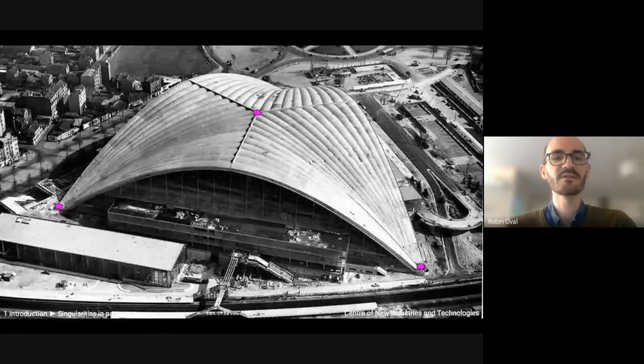And especially their singularities. So I take this example of a knit, which is a concrete shell stiffened by this corrugation pattern. It's actually the record for the largest span for concrete structures, and that's mainly due to the singularities in pink.